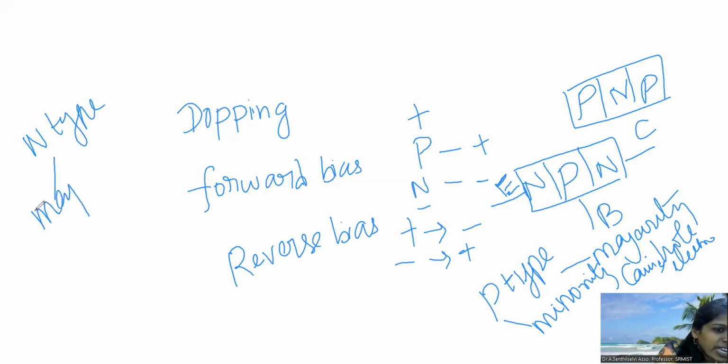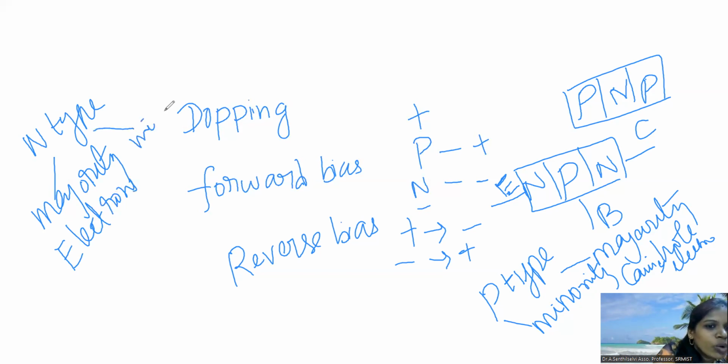The majority carriers are electrons and the minority carriers are holes. So the emitter emits charge carriers and the collector collects whatever charge carriers are emitted by the emitter.